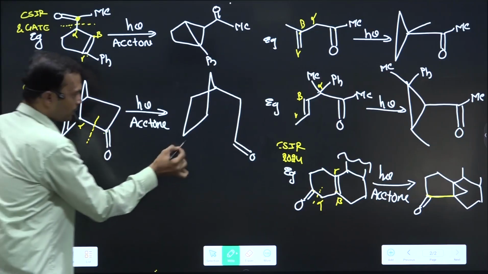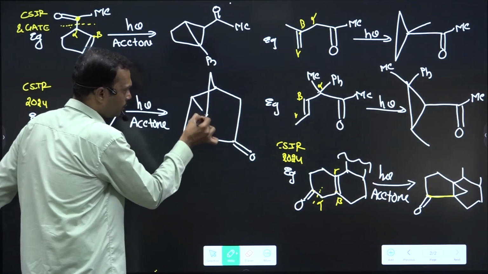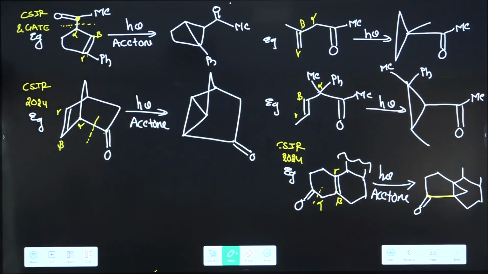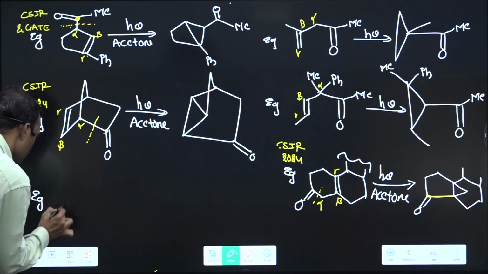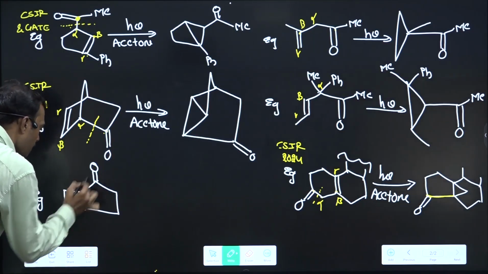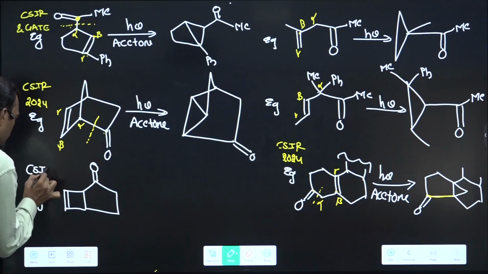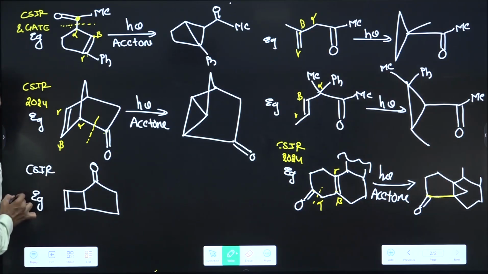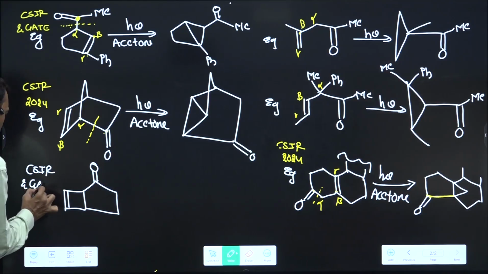Join beta and carbonyl, join alpha and gamma. Over. So this is a question which is also given in the exam. Even in GATE also it is repeated.